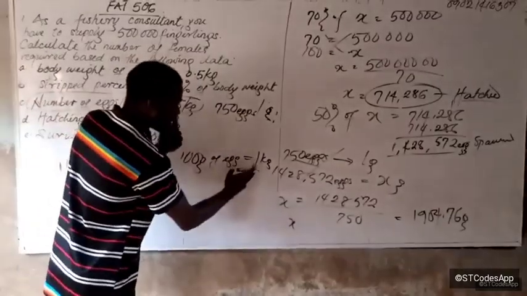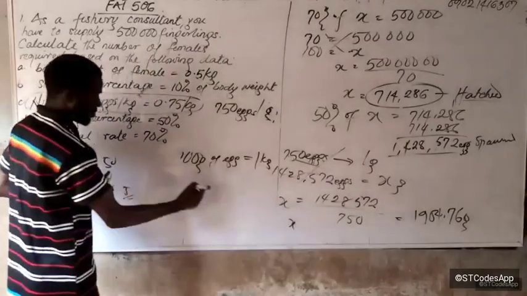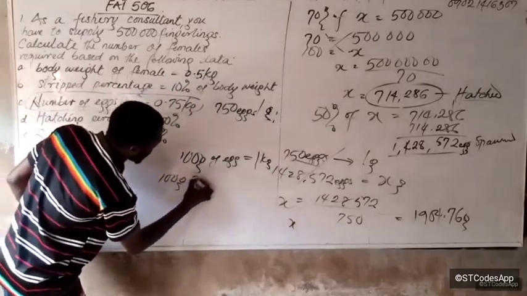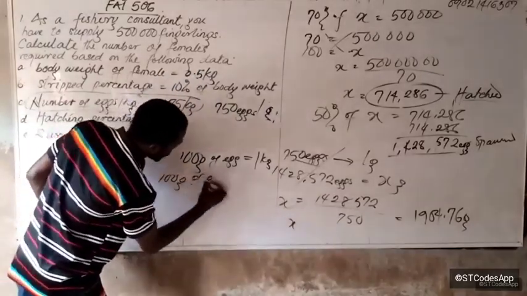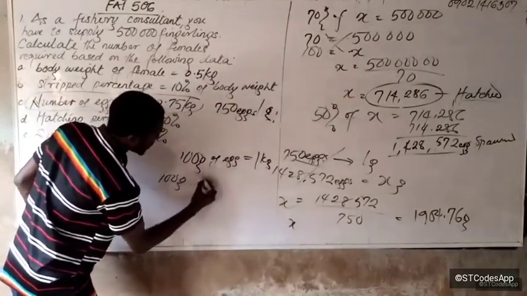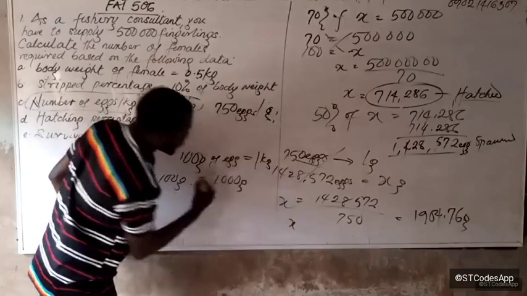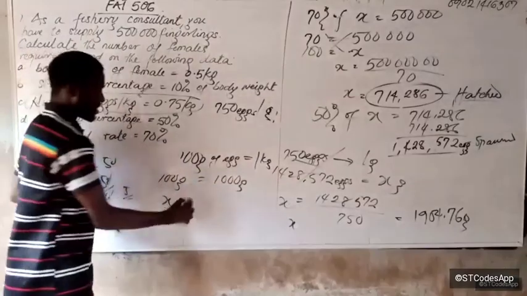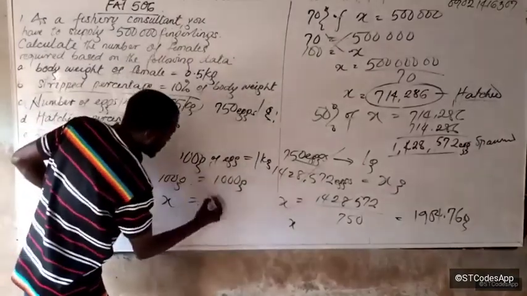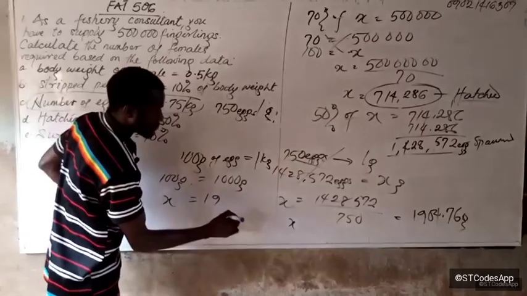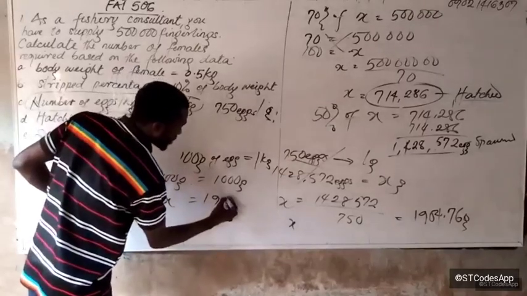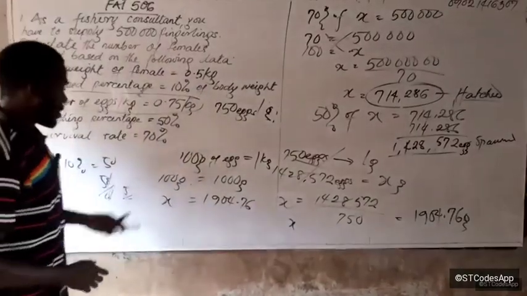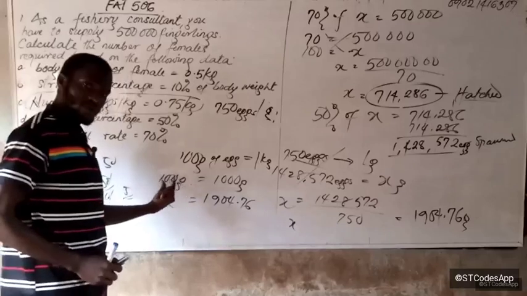So we can convert 1 kg to grams, because this is in grams. So 100 grams of eggs is what we get to strip from a 1,000 gram fish. So how many grams of eggs are we going to get to strip in a fish that weighs 1904.76?